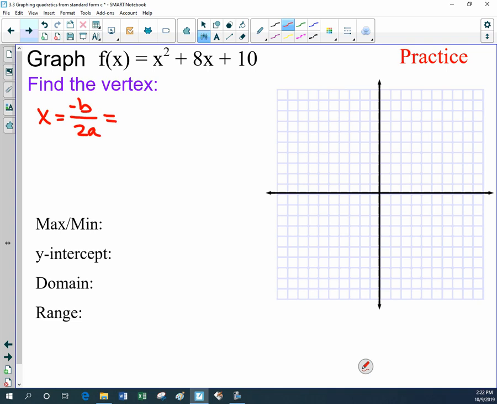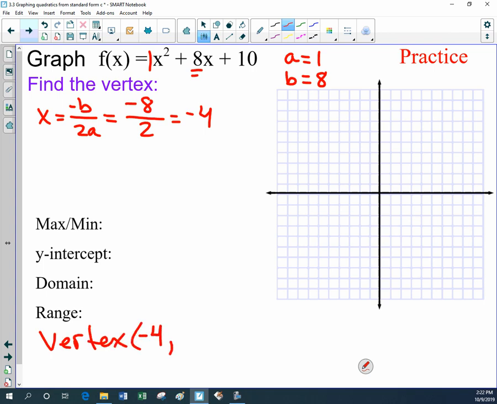In this problem, a is 1, b is 8. So opposite of b would be -8. And then 2 times a would be 2 times 1, which is 2. So x is -4. So our vertex, the x coordinate, is -4.